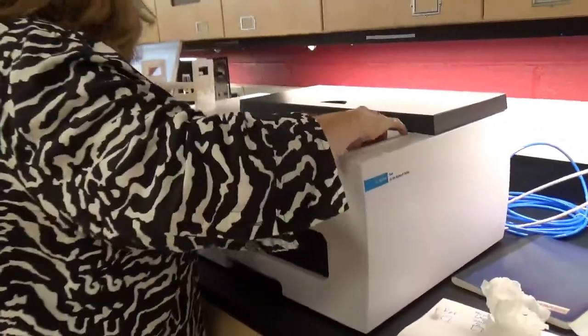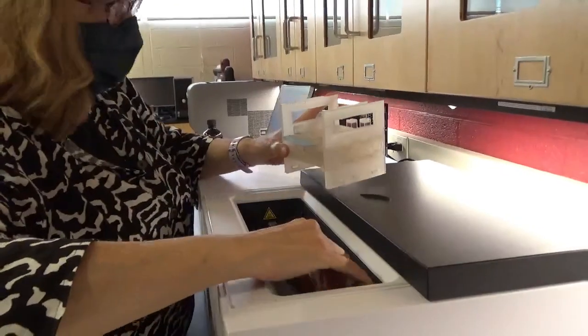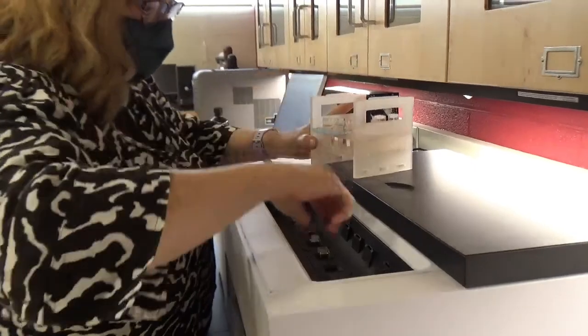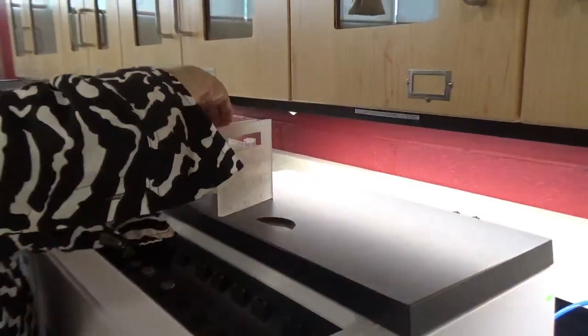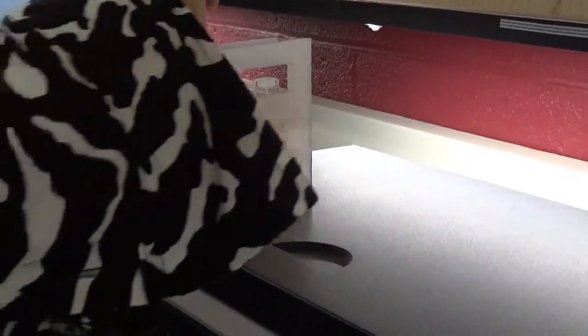So I'm going to take and remove these in order. 1, 2, they're all labeled in here. 3, 4, 5, 6, and 7.